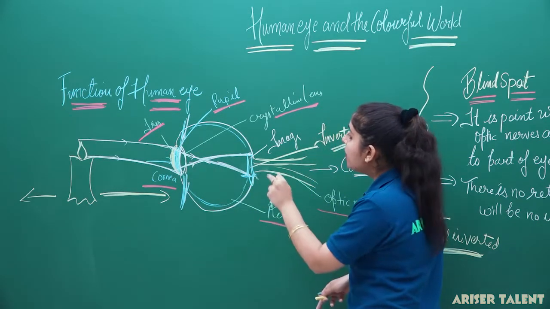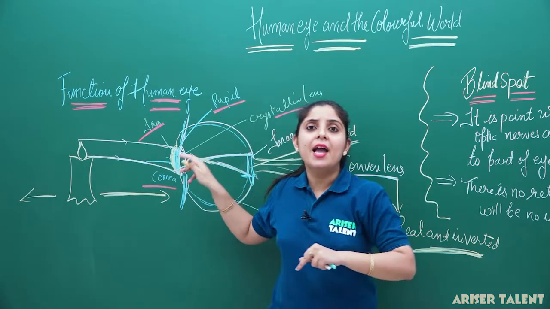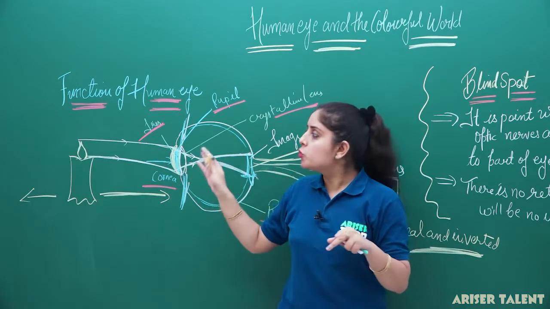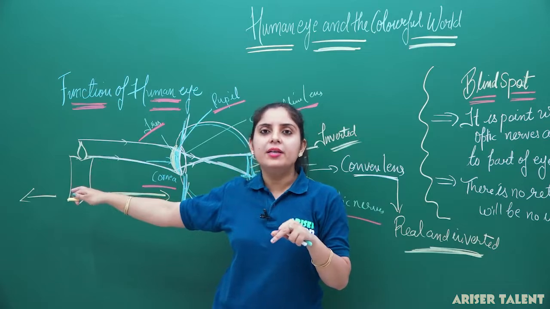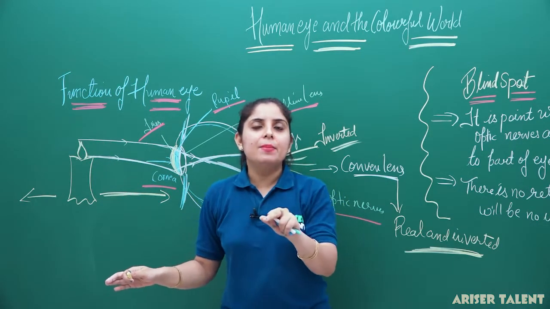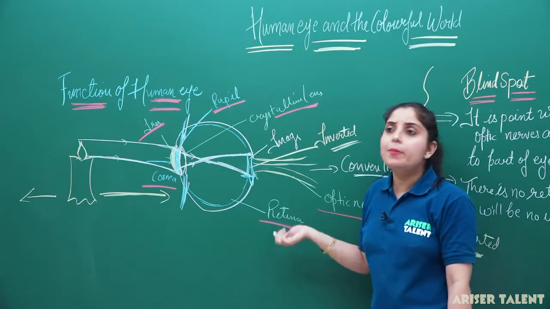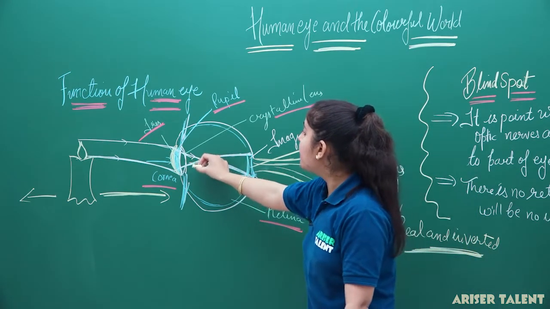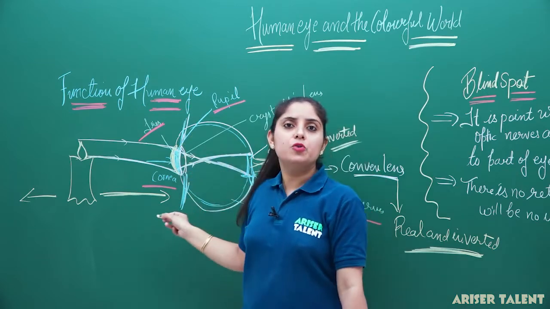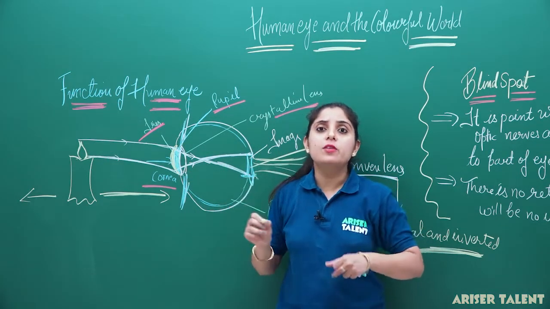But now we are using the crystalline lens. You can see the crystalline lens attached with the ciliary muscles. So wherever you keep the object, on the left side or right side, you will always get the image at the retina only. This is possible only because we have a crystalline lens attached to the ciliary muscles. This is another important function of the ciliary muscles.